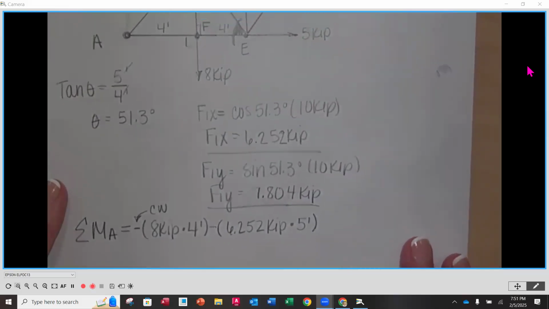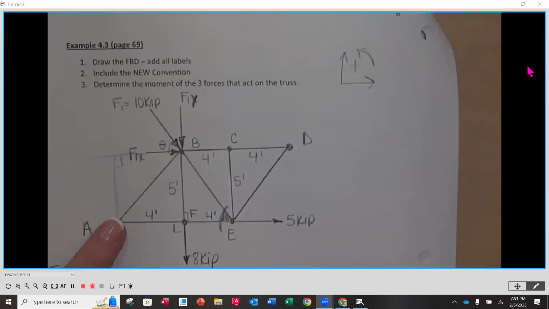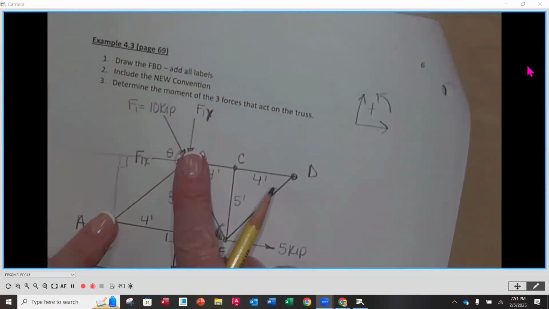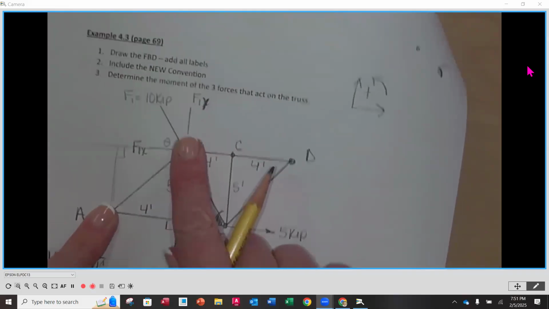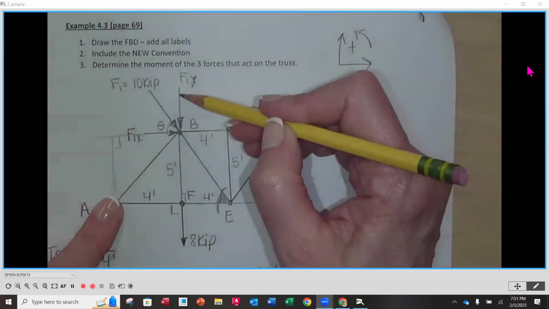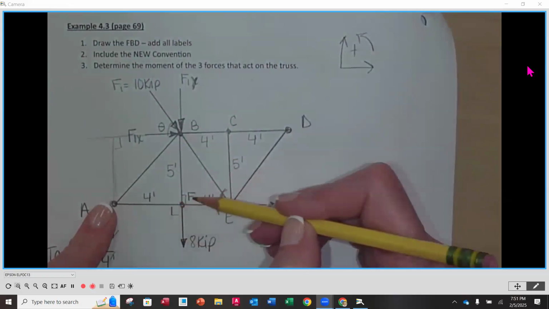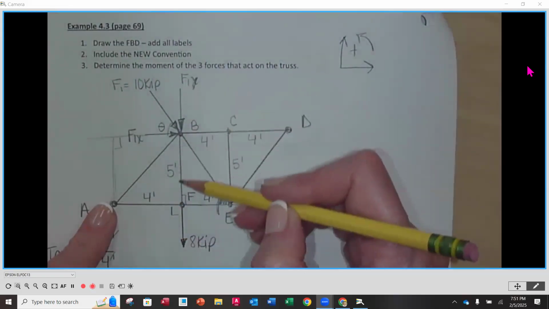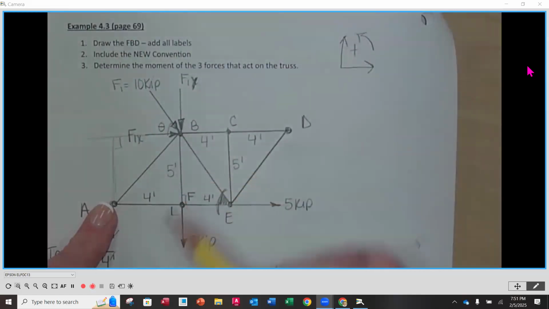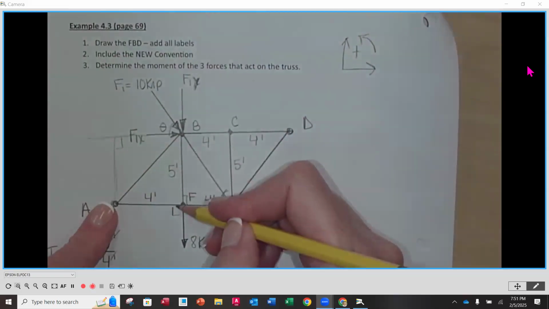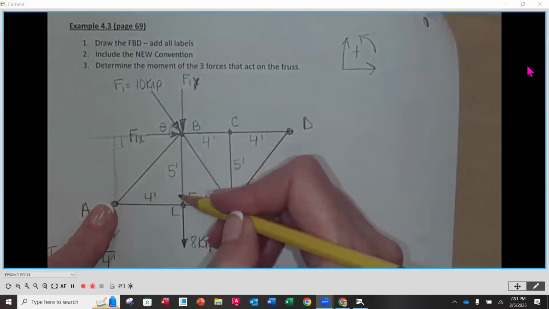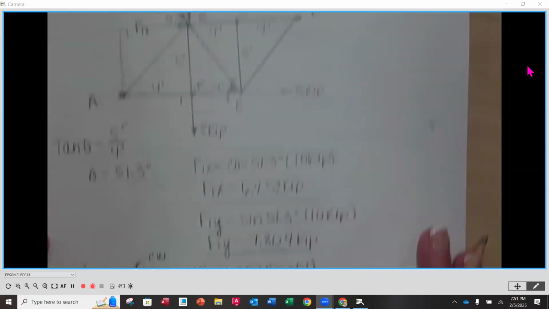I've got one more force to consider. I'm going to go back up here, put my finger on A, and pull in the direction of F1Y. It causes rotation. If I push along F1Y, what's my perpendicular distance? 4 feet. Do you see that? Remember, I can push F1Y anywhere along its line of action, and when it meets A, it's kind of like its radius or its distance.